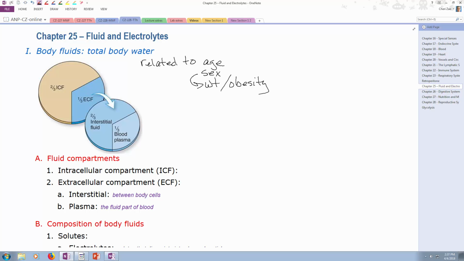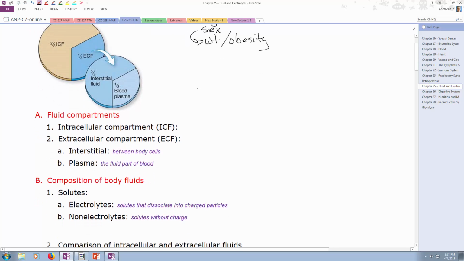Let's go to our fluid compartments and analyze them. Intracellular compartment is going to be abbreviated ICF, so intracellular compartment of fluid, and extracellular compartment is extracellular compartment of fluid.